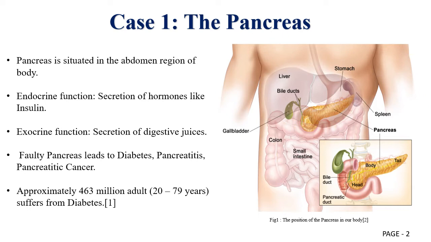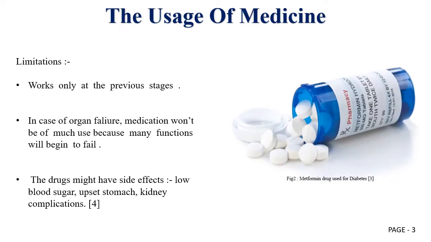Now, if a person is suffering from type 2 diabetes, he or she is given medications. We need to understand that if a person is suffering from type 1 diabetes, the medications won't really work because the cells in the pancreas aren't producing any insulin.